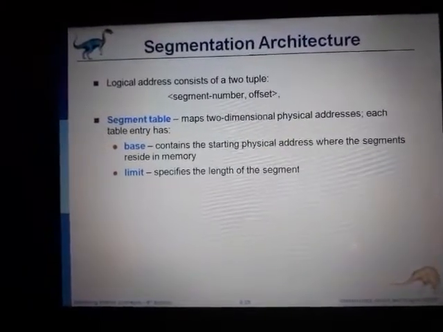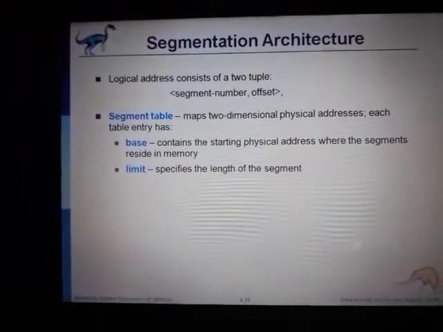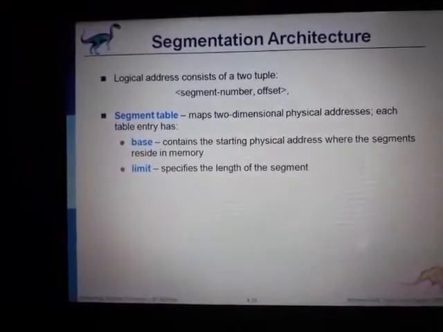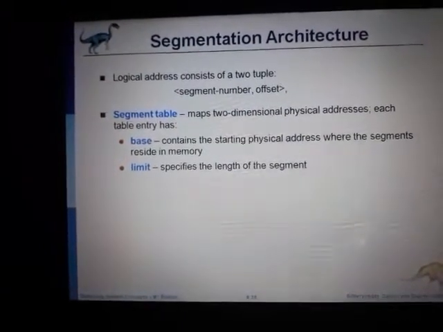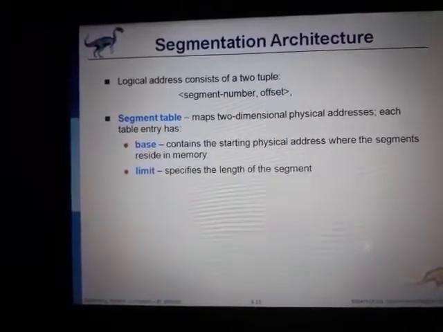Now the segmentation architecture. A logical address consists of two tuples, segment number and offset, and the segmentation architecture has a segment table which maps the two-dimensional logical address to a one-dimensional physical address. Each table entry has a base and a limit.